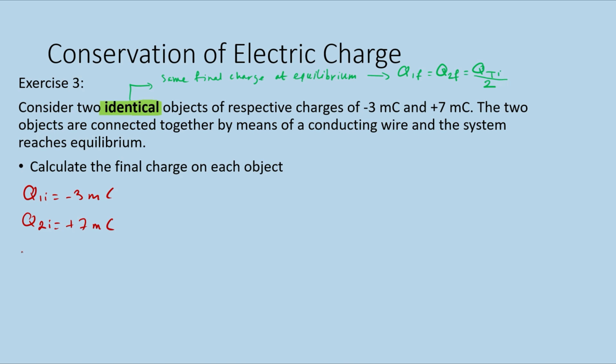Okay, so from the given, when they say identical, then again we'll say Q1 final is equal to Q2 final is equal to Q total over 2. It's the same. It can be Q total initial or Q total final. We use the same method.